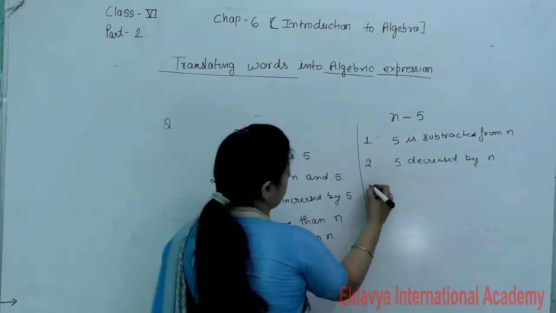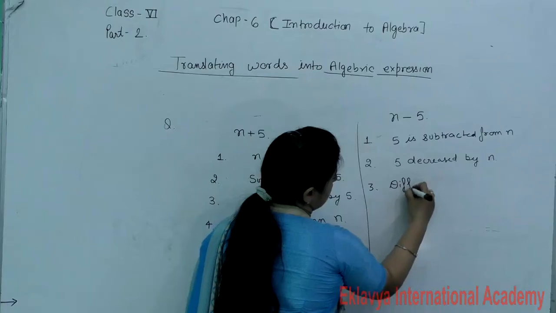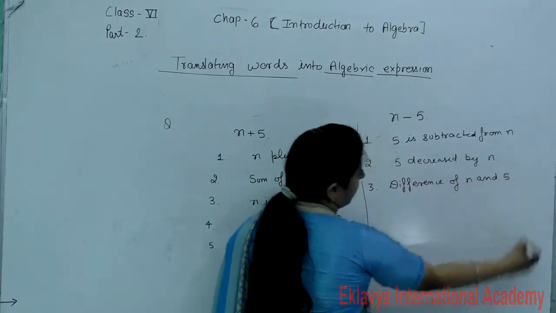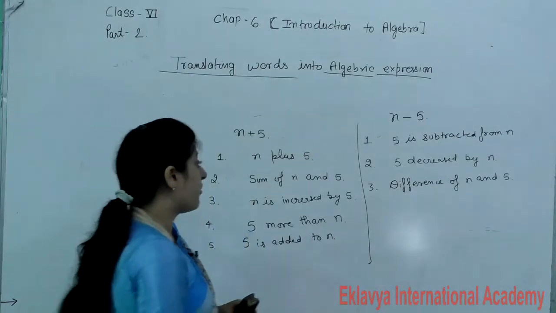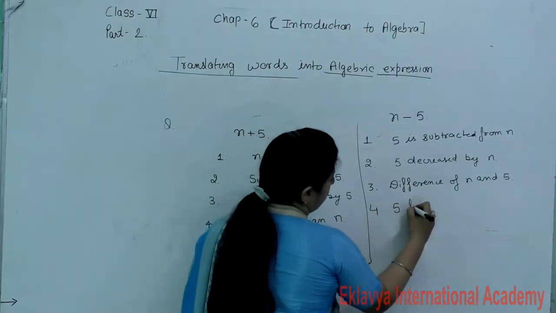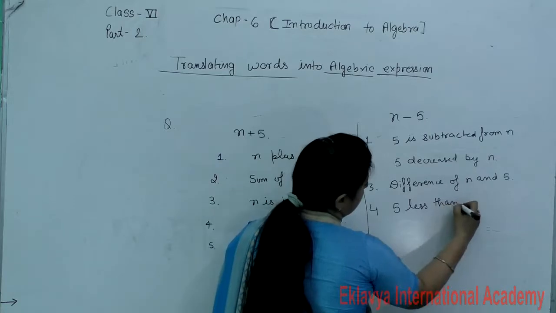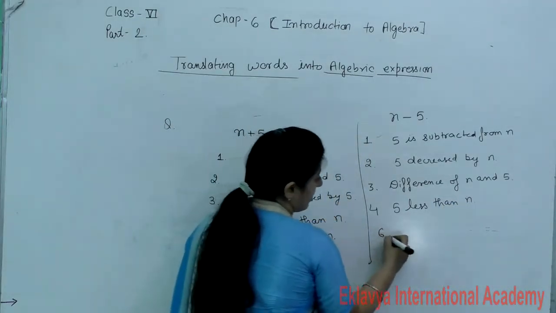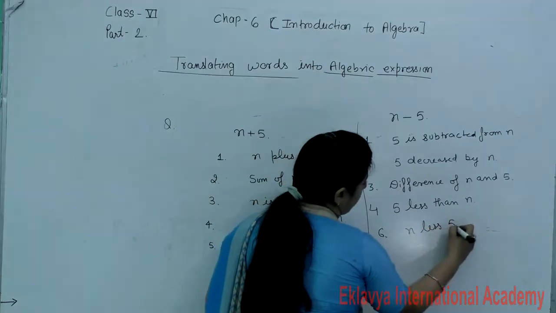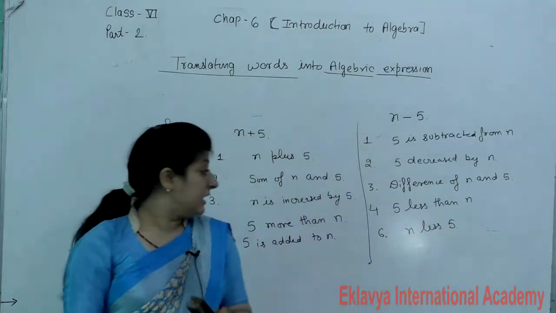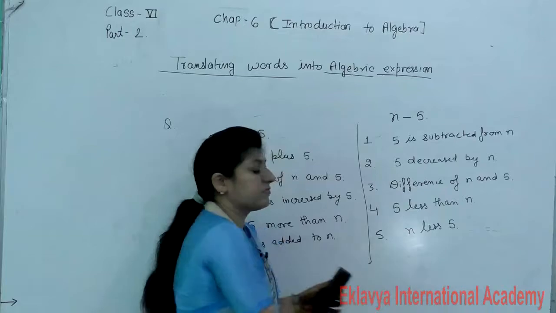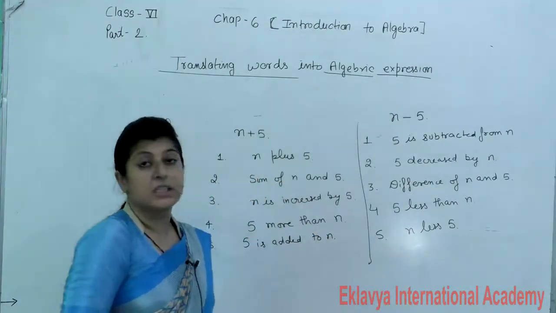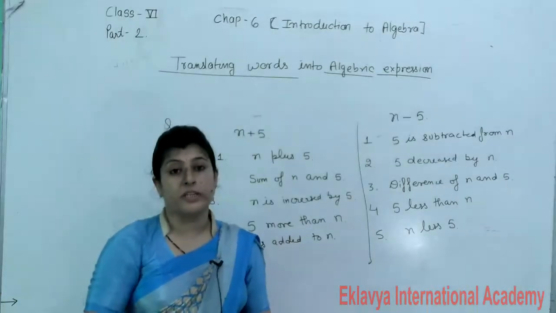Third, difference of n and 5. Fourth, 5 less than n. Fifth, n less 5. If this type of wording is given to you, it means we describe the subtraction operation.